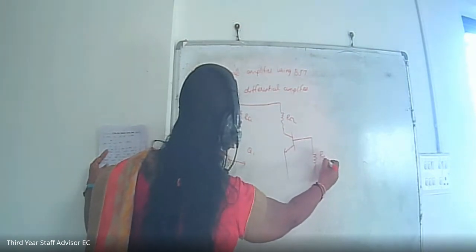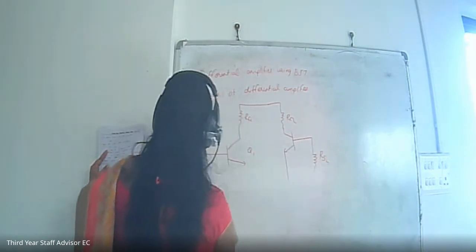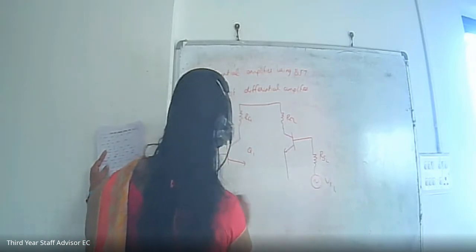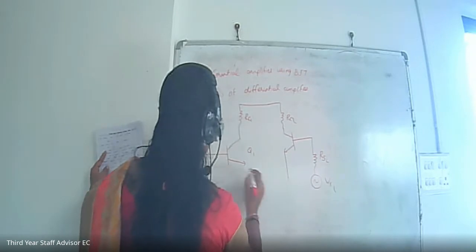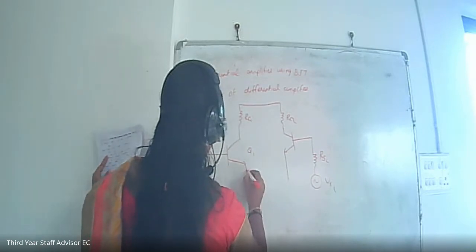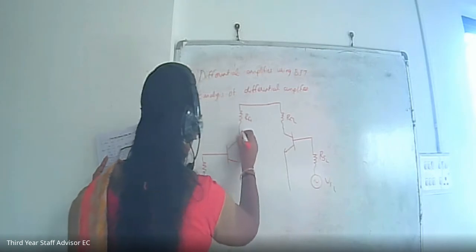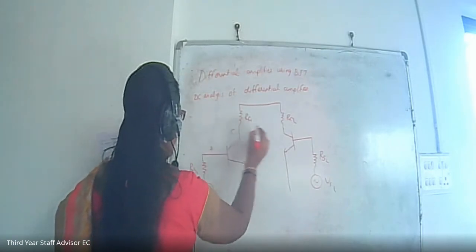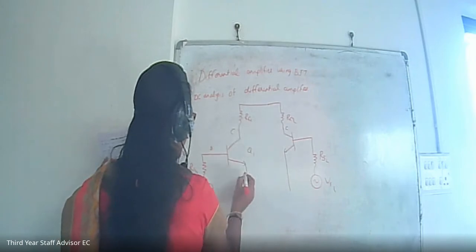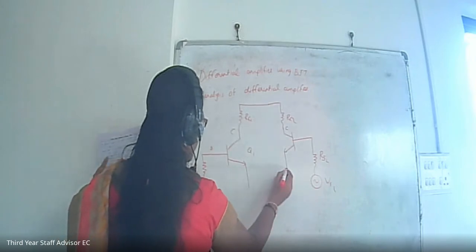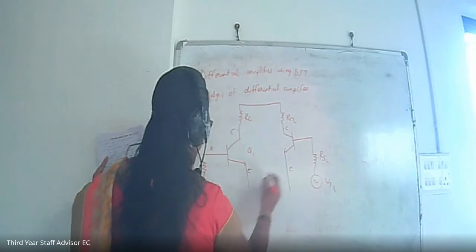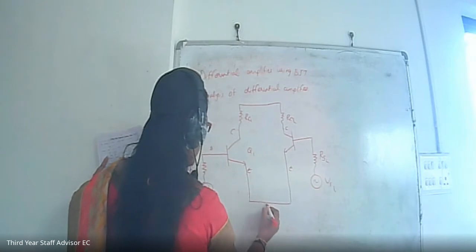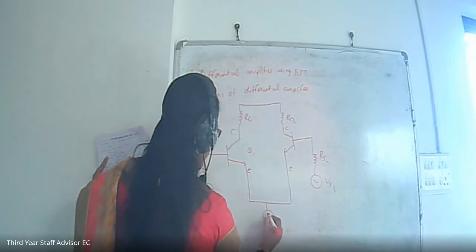This is RS1, this is RS2, VS1 and VS2. This is the base B, this is the collector C, here also collector C, and this point is the emitter, and in the emitter, actually, this differential input can be represented like this.